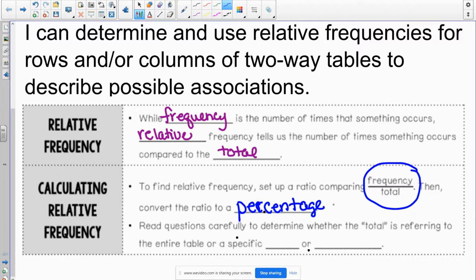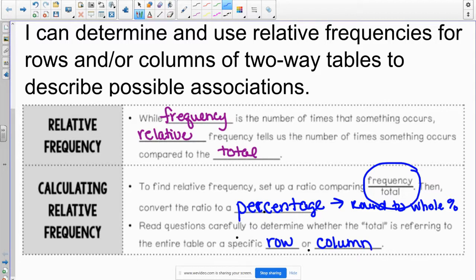We're going to always round to the nearest whole percent. Read the questions carefully to determine whether the total is referring to the entire table or to a certain row or column, because this is where you get in trouble.